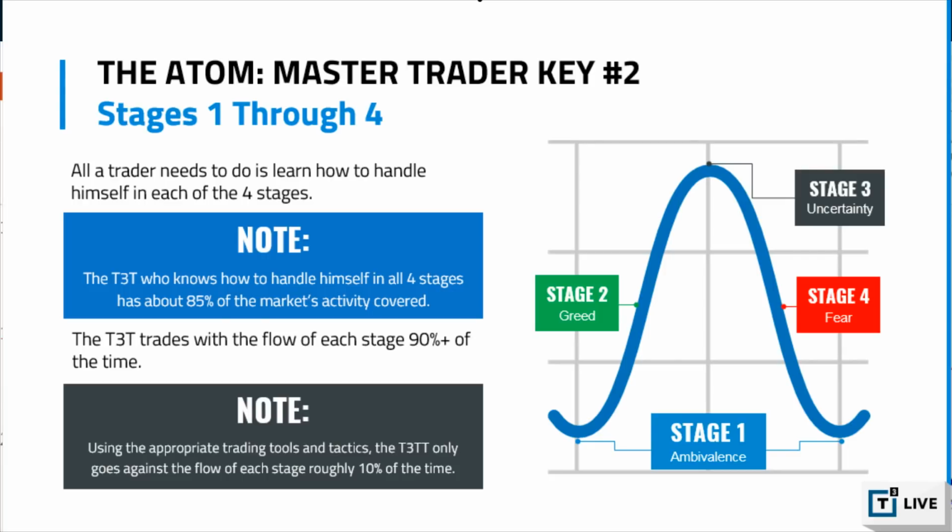The T3TT, who knows how to handle himself in all 4 stages, has about 85% of the market's activity covered. The T3TT trades with the flow of each stage 90% of the time. You want to go with the trend 90% of the time, and using the appropriate trading tools and tactics, the T3TT only goes against the flow of the stage roughly 10% of the time, unless you're a specialist.